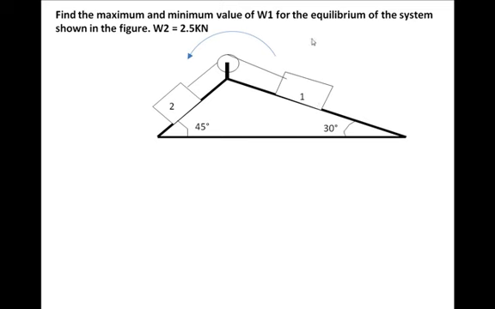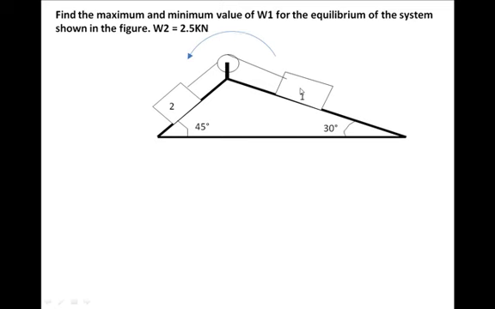Now here they are talking of equilibrium. What we mean is the tendency of motion when equilibrium is about to break. Because this direction of tendency of motion or actual motion is important for us to decide on the direction of frictional force.